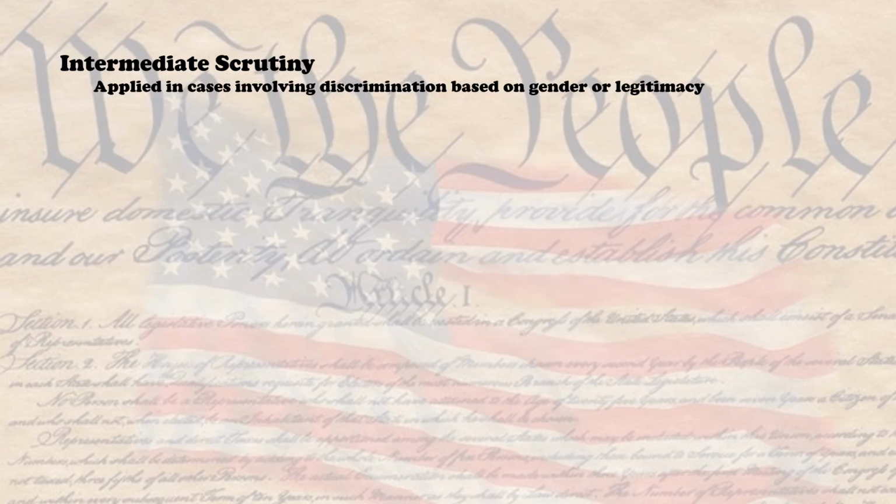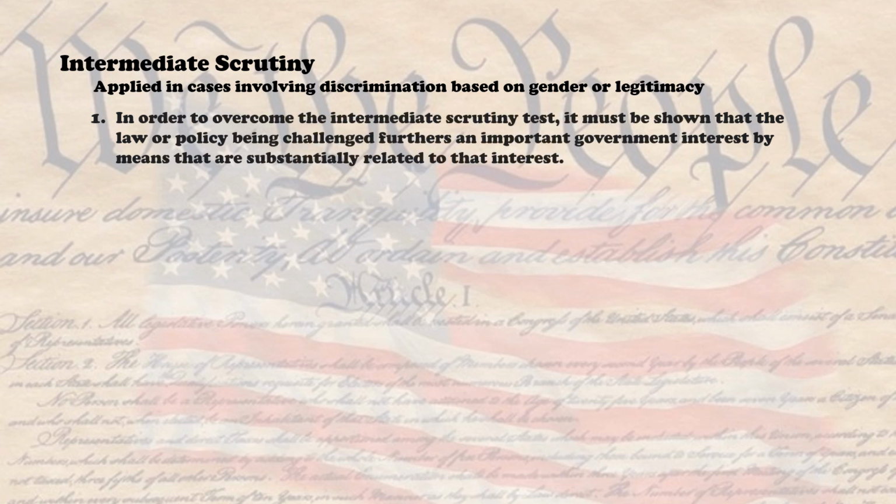Intermediate scrutiny is applied to cases involving discrimination based on gender or legitimacy. In order to overcome intermediate scrutiny, it must be shown that the law or policy being challenged furthers an important government interest by means that are substantially related to the interest.